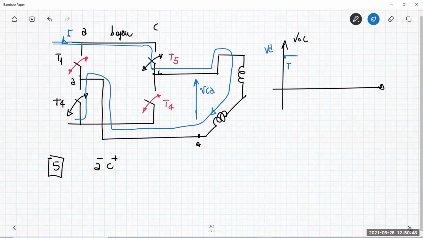It means T5 and T4 on. When they are open, then T1 and T2 are closed, and so the voltage is totally reversed, from VDC to negative VDC.